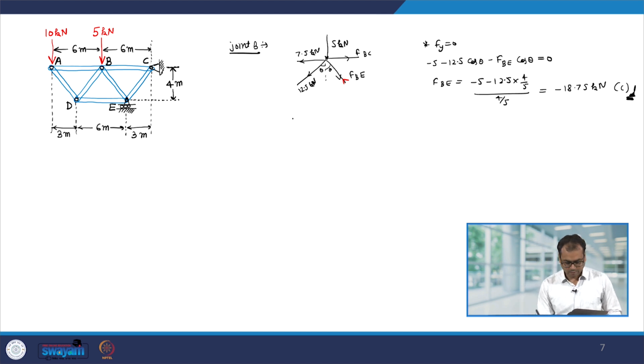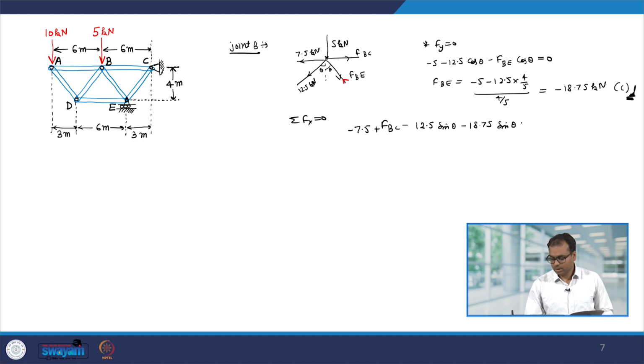Now, let us balance the force along the x direction, summation Fx equal to 0. So, we have minus 7.5 plus FBC minus 12.5 sin theta minus 18.75 sin theta equal to 0. Now, we know all the sin theta.